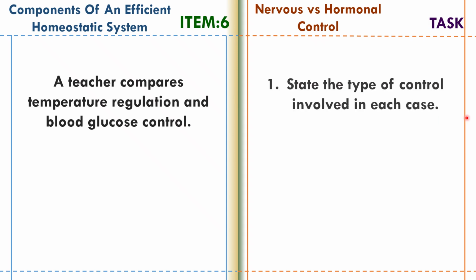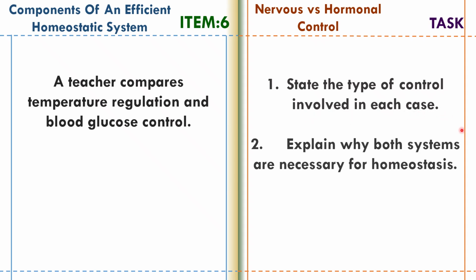Task: state the type of control involved in each case. Explain why both systems are necessary for homeostasis.